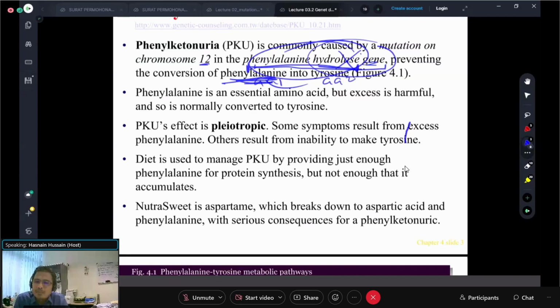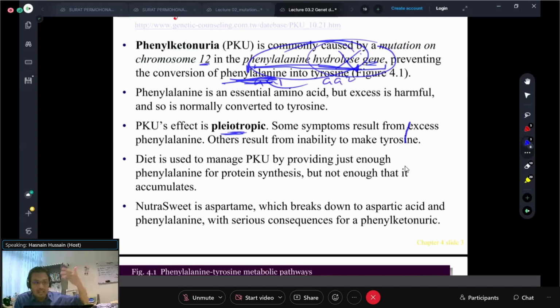And in some other people, the absence of tyrosine is the one that causes symptoms. So that is why it is pleiotropic, meaning that from the same source of defect, different people behave differently, abnormally.